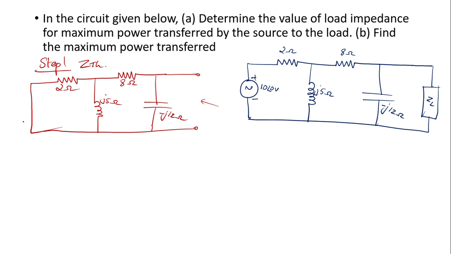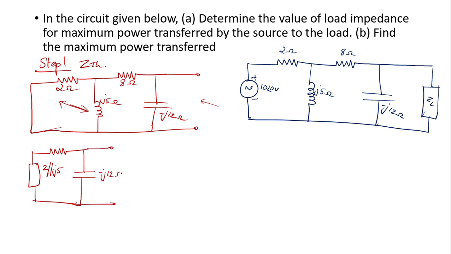So you start from the opposite side and you can see these two are connected in parallel. So I can replace this with an impedance. What will be the value of the impedance? 2 parallel J5, and again this is your circuit with minus J12 ohms over here. If you are reducing it, you can see these two both are in series.